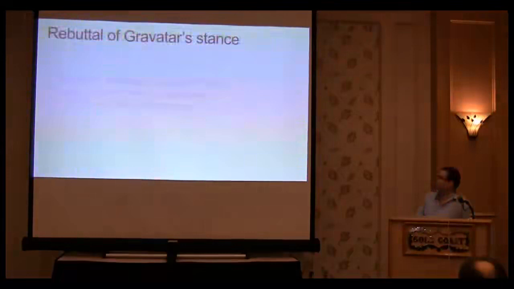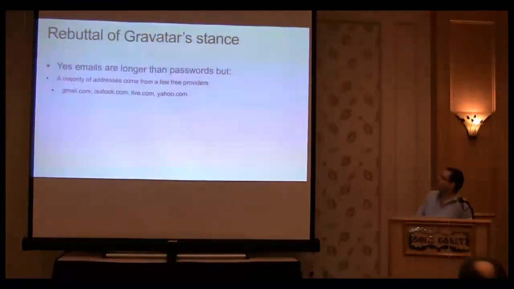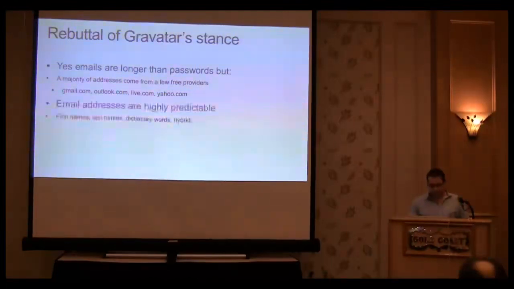But in fact, emails are longer than passwords, but the end of the email address is not very hard to guess in many cases, because most email addresses nowadays come from a few providers, like gmail.com, outlook.com, live.com, yahoo.com. Okay? And they are highly predictable.